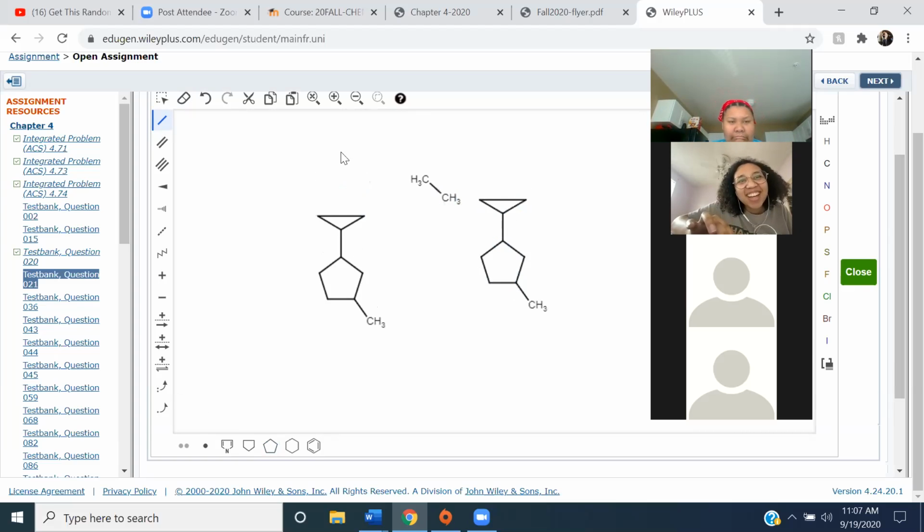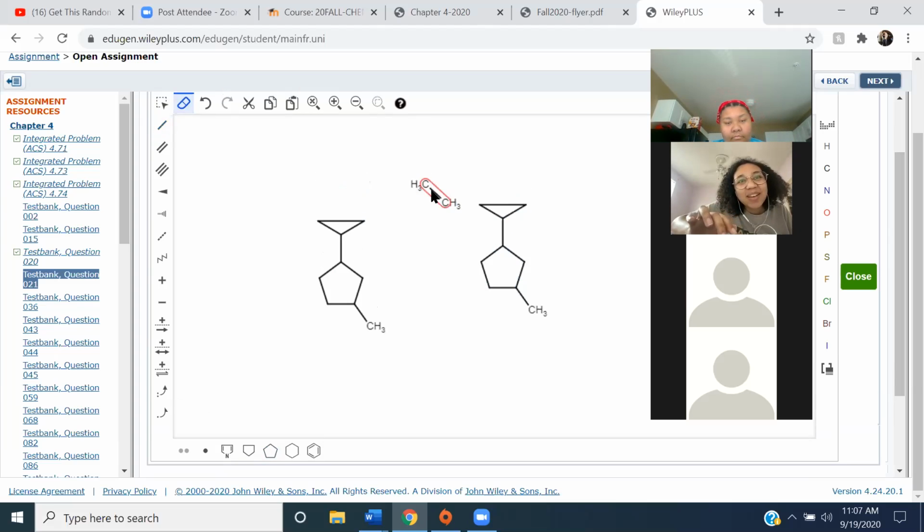If I would have numbered my triangle the other way, would that have been wrong? Say if I would have done 1, 2, 3 counterclockwise. No, I don't think so. You could have done it like this. Your triangle can be on whichever point as long as your methyl group is 2 carbons away.